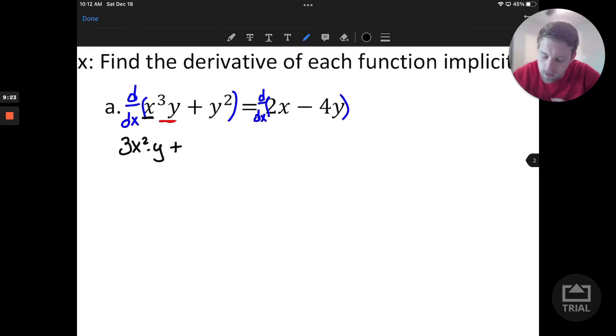And then we're going to add to that the first term, which is still x cubed. And then the derivative of the y term, we would say is going to be dy dx. The derivative of y is dy dx. So there's my dy dx term popping up for that first product rule.